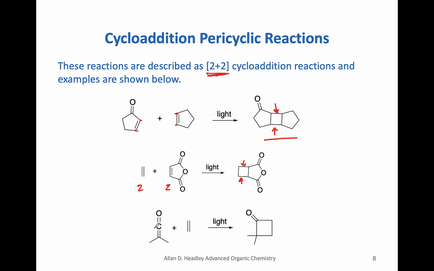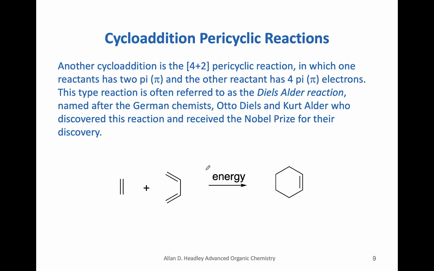Now we're looking at this pi electron reacting with this set of pi electrons to form this bond and this bond. So you can see there's a wide variety of possible combinations to give the 2 plus 2 cycloaddition product.